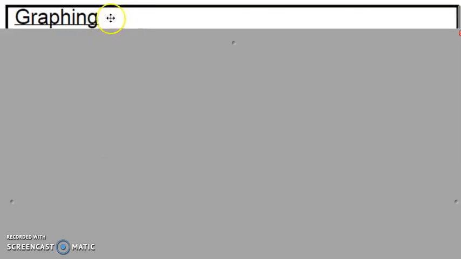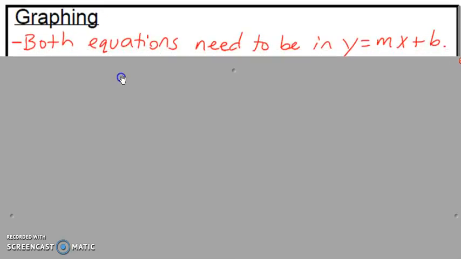The next thing we're going to talk about is the three methods that you have learned to solve systems of equations. In section 6.1, you learned the graphing method. In order to solve a system of equations by graphing, you need both equations in your system to be in a form that you can graph from. So ideally, y equals mx plus b, or slope-intercept form.